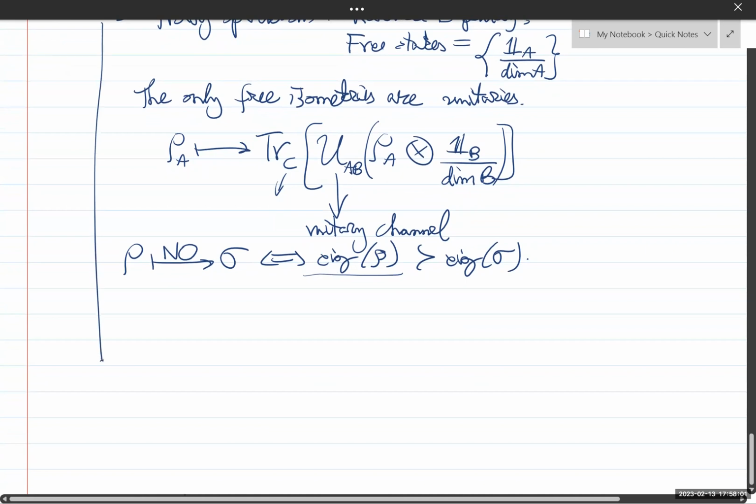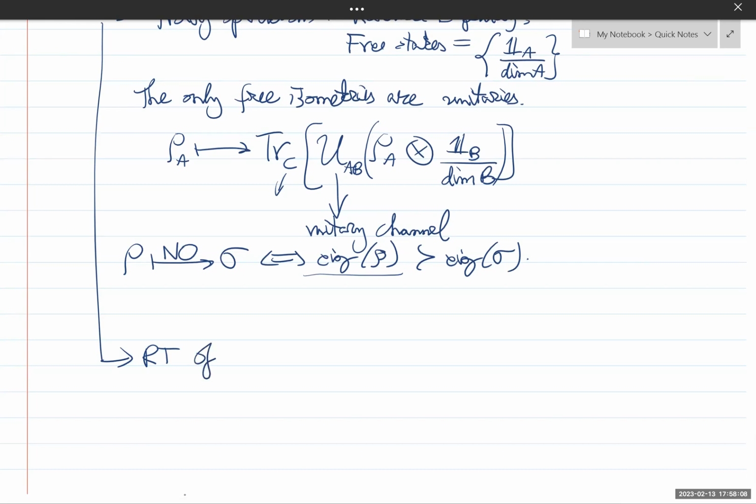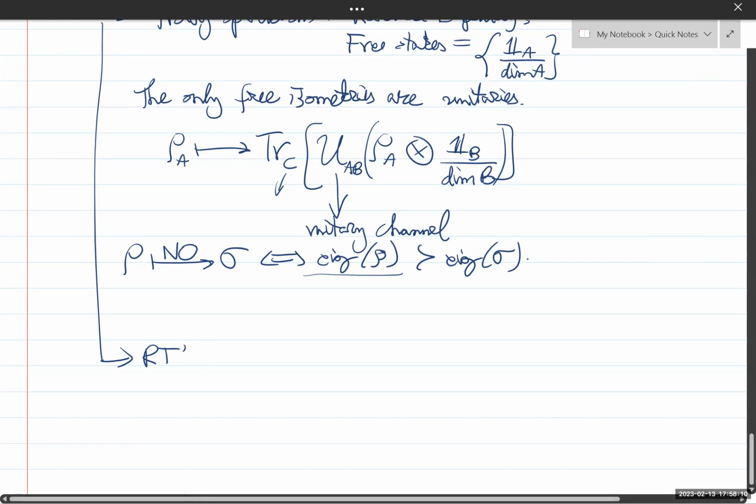Then there are other examples. Resource theories of coherence, which will be the more specific topic that I plan to talk about in March.